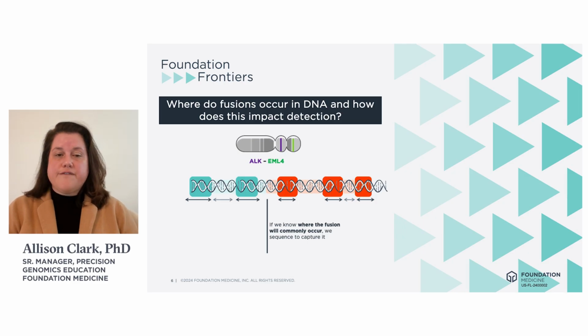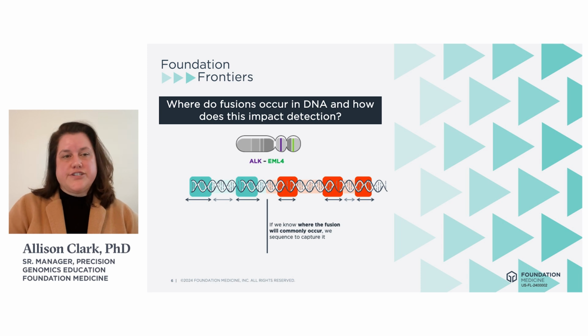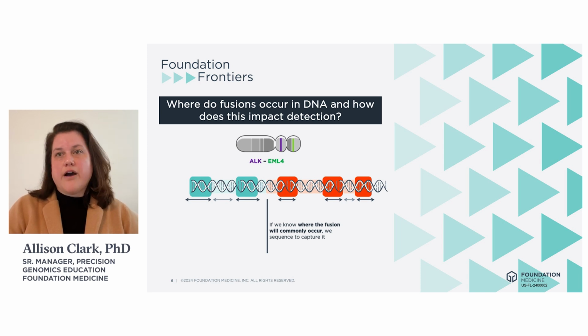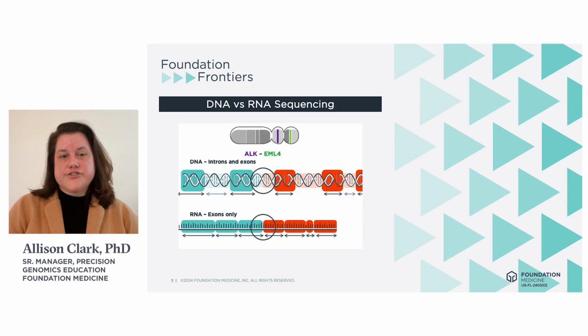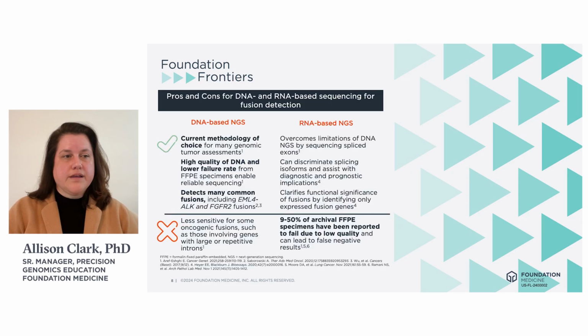A famous example of that is NRG1, which is a gene where fusions do occur. However, it has large repetitive introns, making this very difficult to detect in DNA-based NGS testing. Because the introns have been spliced out of RNA, sequencing can help overcome this limitation of DNA sequencing by only sequencing the spliced exonic regions.